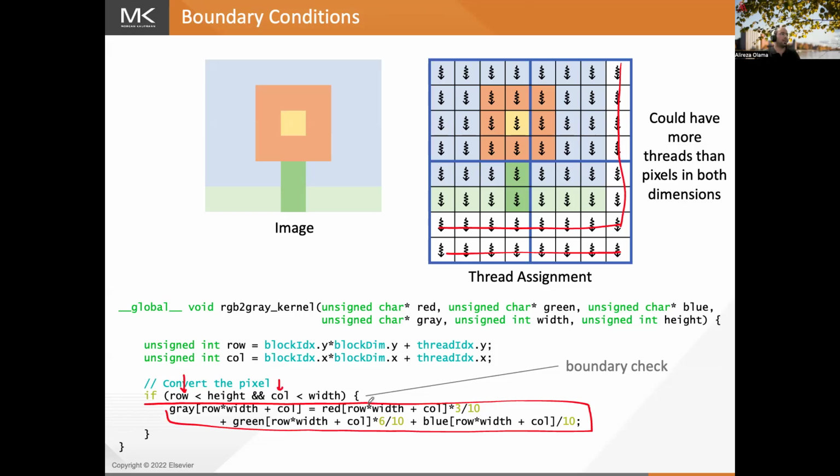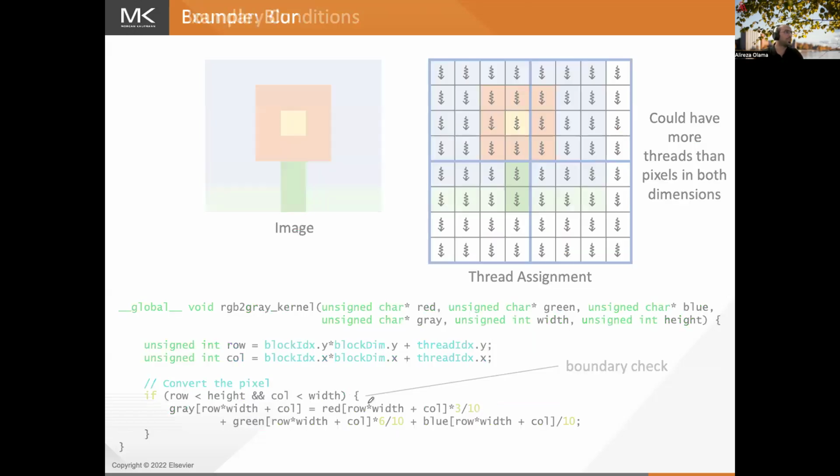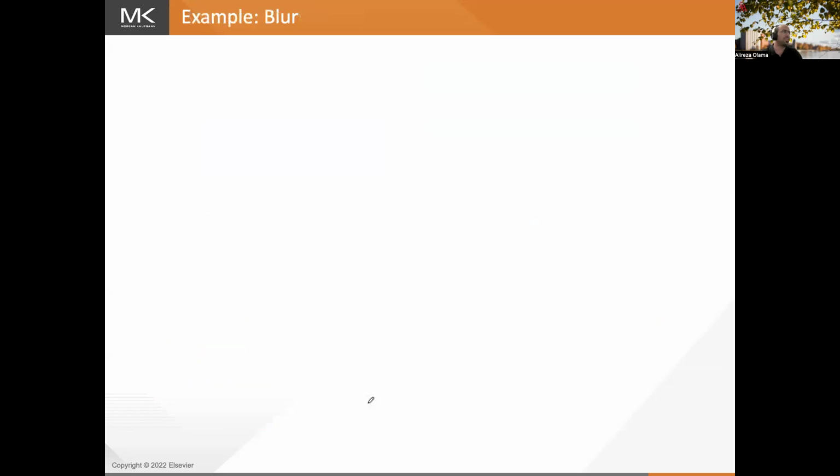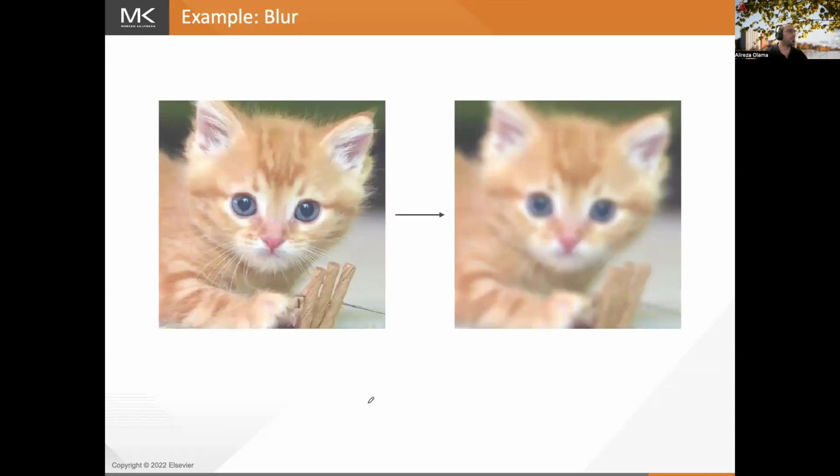So you might ask whether or not our kernels are that simple, but no, because it actually depends on the problem and the processing that a thread should perform. So here is another example, which is slightly more complicated than this color to grayscale conversion, called image blurring.